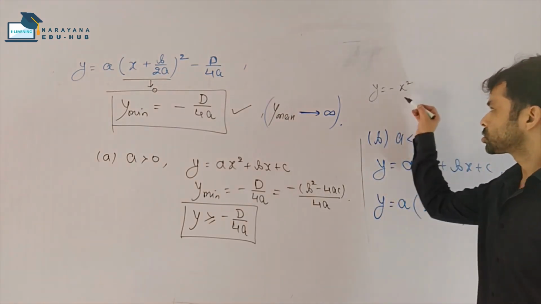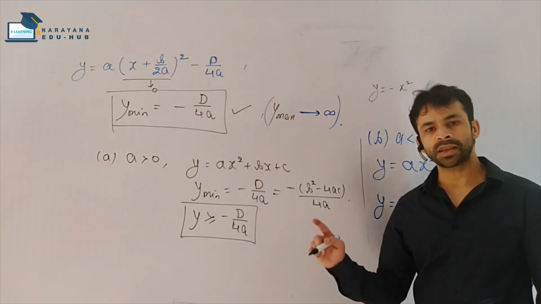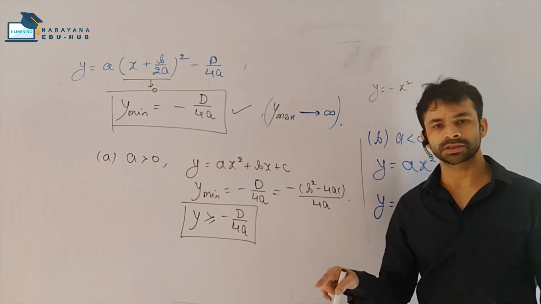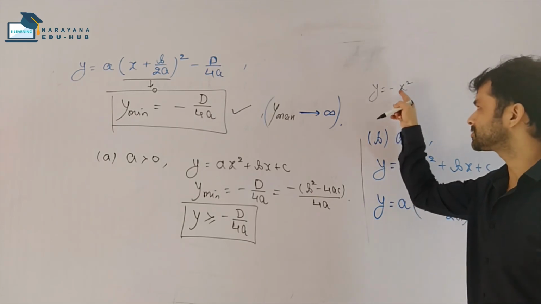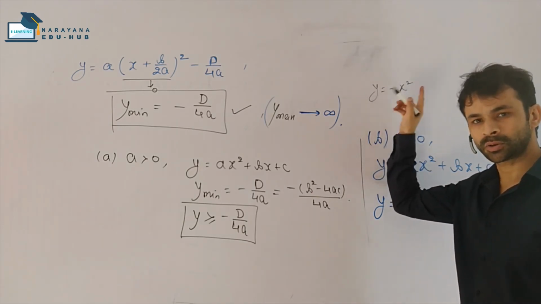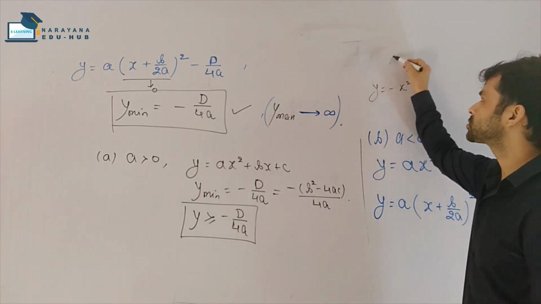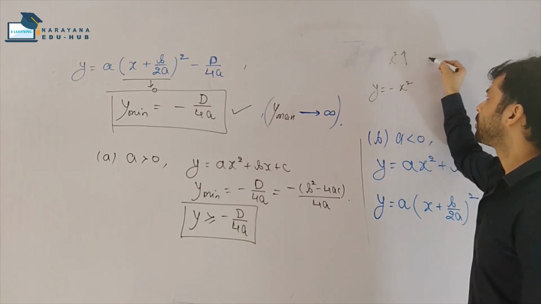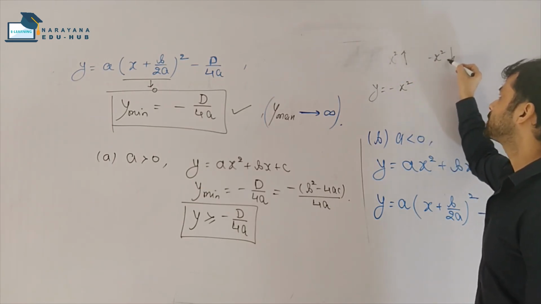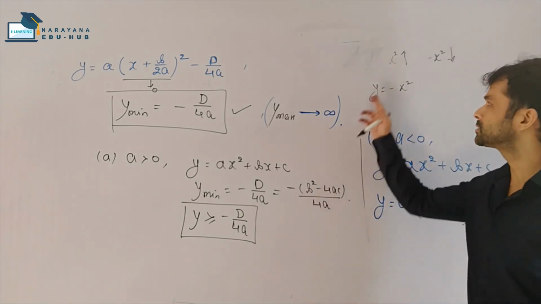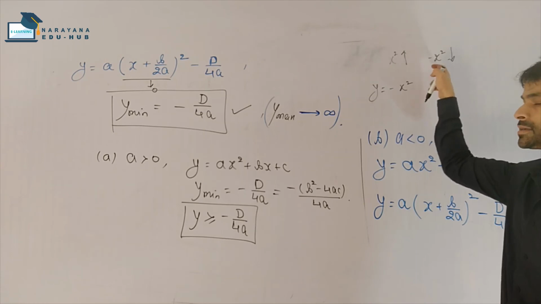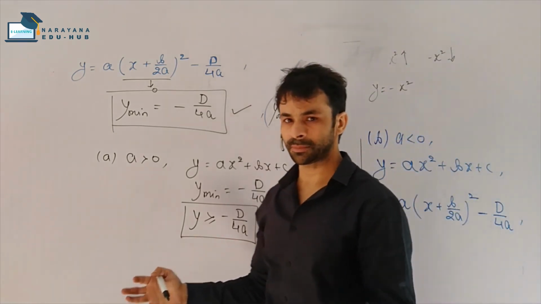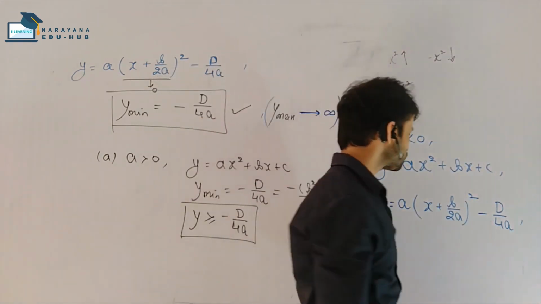So when x square is minimum, which is 0, this whole thing will be maximum because of this negative sign. You can understand? If x square increases, minus x square will decrease. If this is 4, this is minus 4. If this is 9, this is minus 9. So the opposite will happen because of that minus sign.